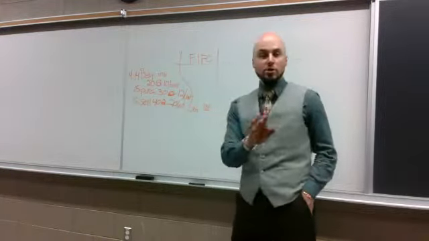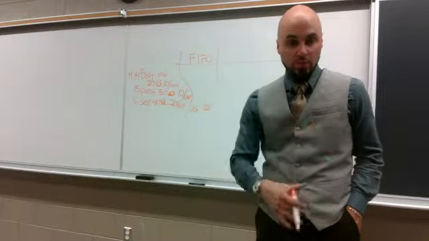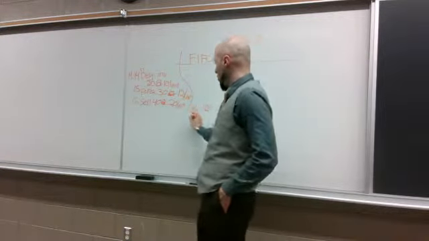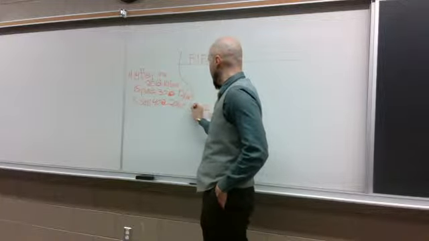Credit, what do you want to credit here? Sales. It's revenue. You can call it sales revenue, you can call it revenue, you can just call it sales. We'll call it sales, 800 credit, right?